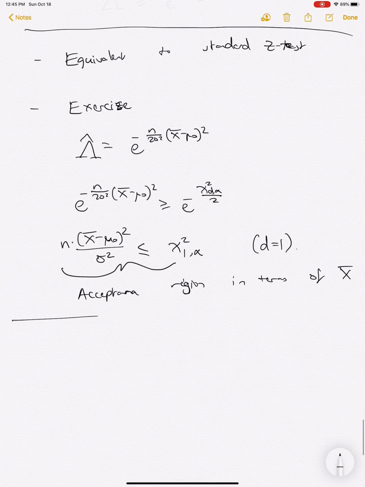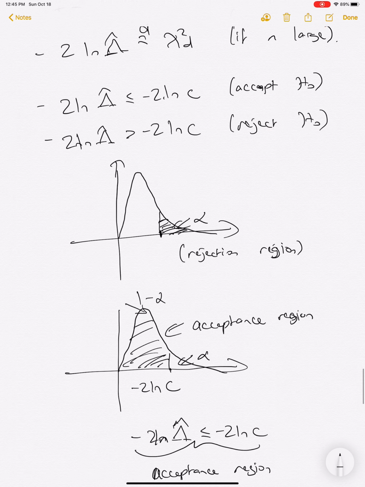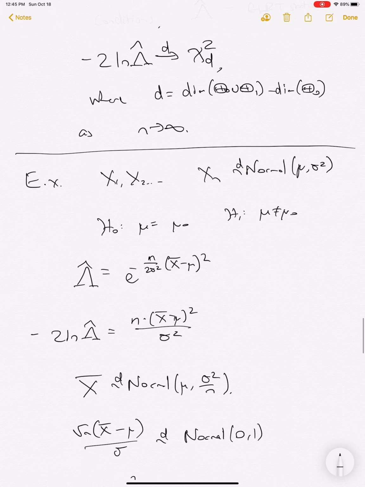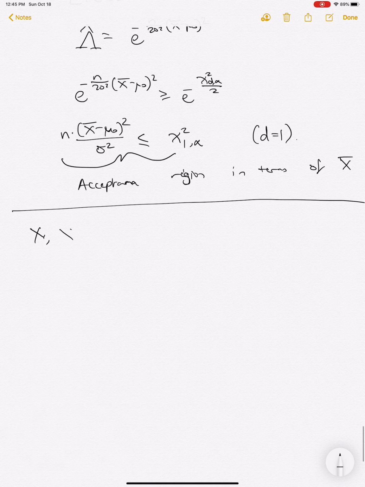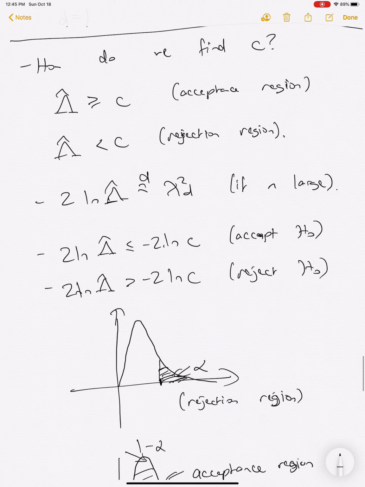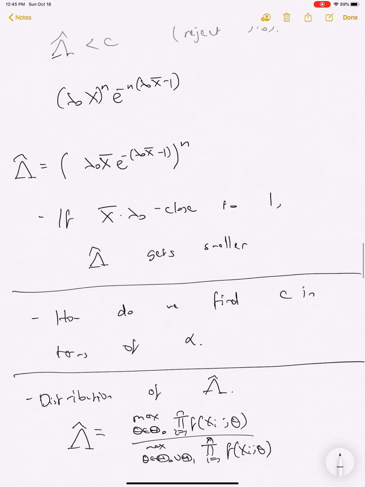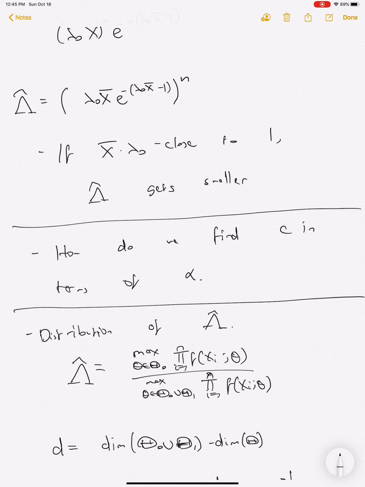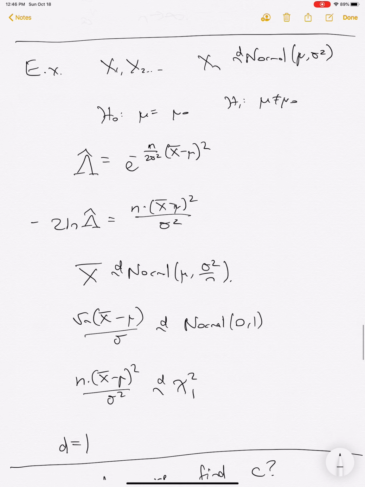So let's look at this second example just to make this idea concrete in our minds. In this case, this is the expression that we have for lambda hat.